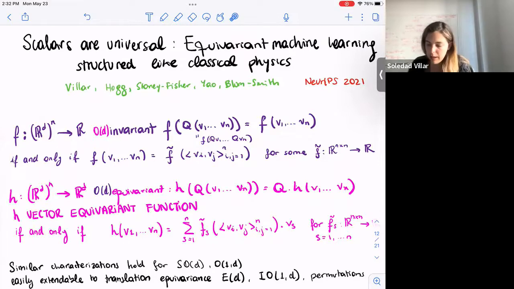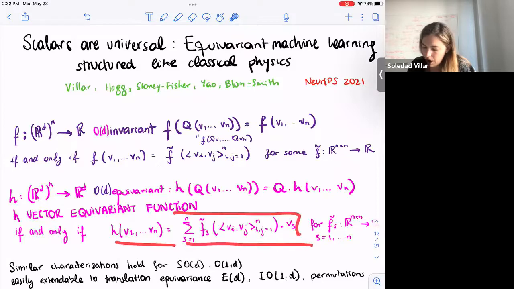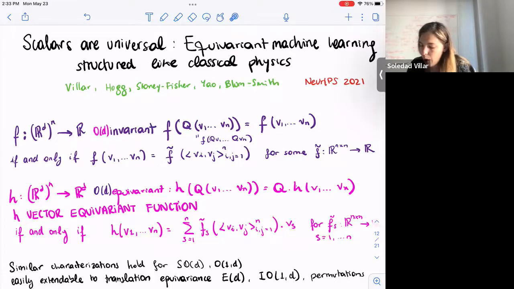And then this can be extended to equivariant functions by observing that if you have n vectors in RD as your input, and the output is a vector in RD and it's OD equivariant, meaning that if I rotate all my inputs, then my output should rotate in the same way, then we can show that H is a vector equivariant function if and only if H is a linear combination of the input vectors, where the coefficient functions are scalar invariant functions, like in the previous case.